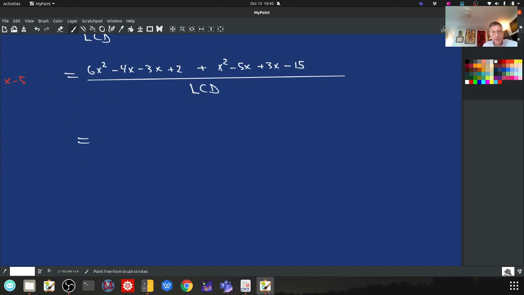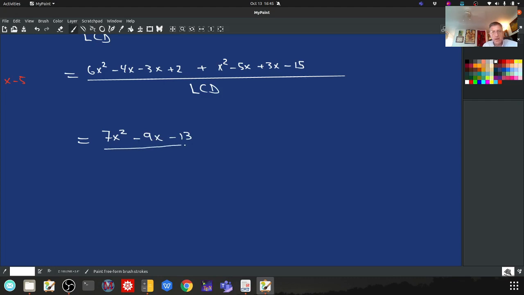6x squared plus x squared is 7x squared. Minus 4x minus 3x is minus 7x. Minus 5x is minus 12x. Plus 3x is minus 9x. Plus 2 minus 15 is minus 13.